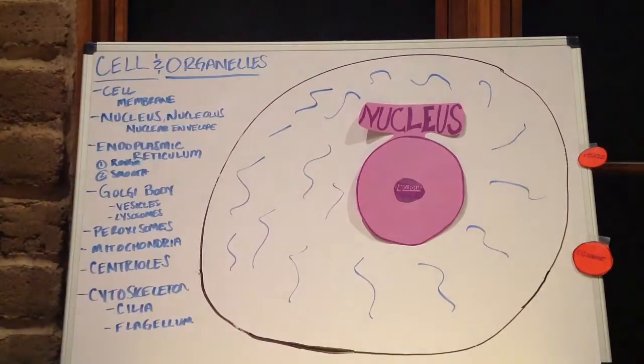The cell membrane is once again important for protection. It also allows the cell to communicate, and this membrane is semi-permeable, which means the membrane allows some things to enter or leave while prohibiting others.